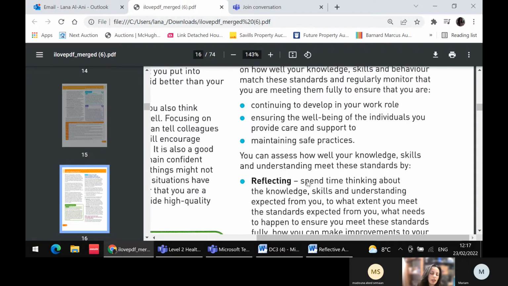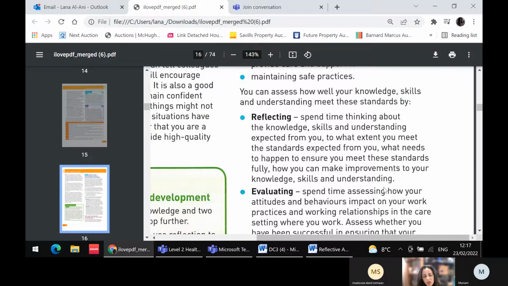And I do that by, first of all, reflecting on my own practice. So I spend time thinking about the knowledge, skills, and understanding, and how I can meet the standards. And if I didn't meet them, then I need to think exactly what went wrong.